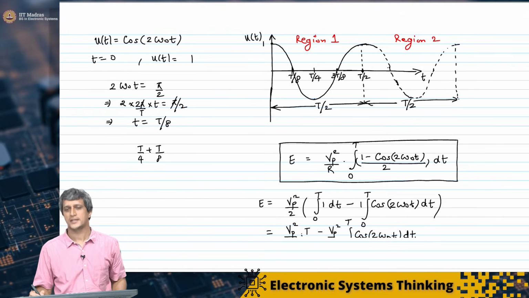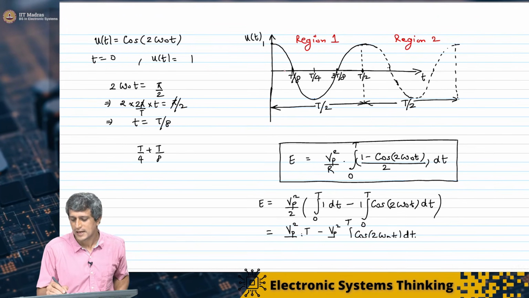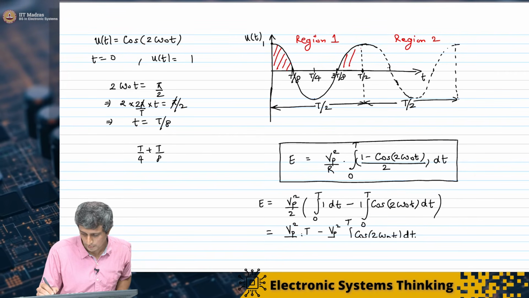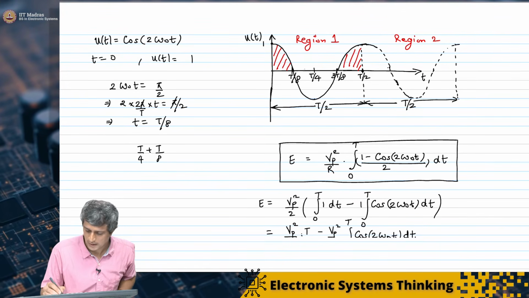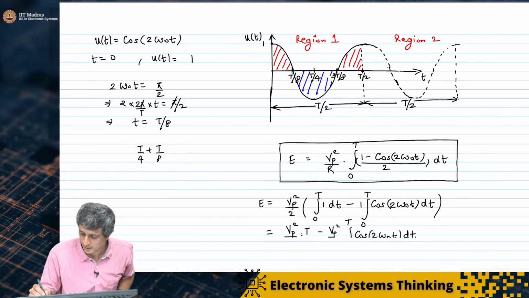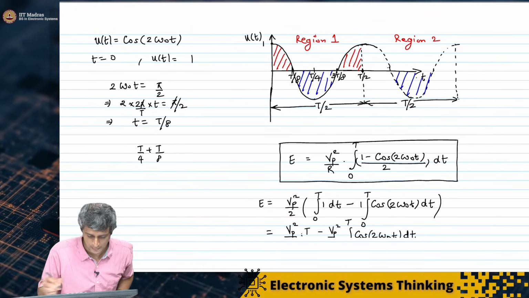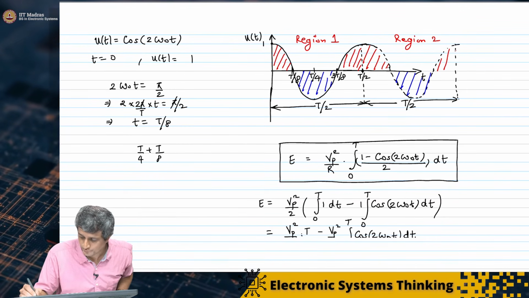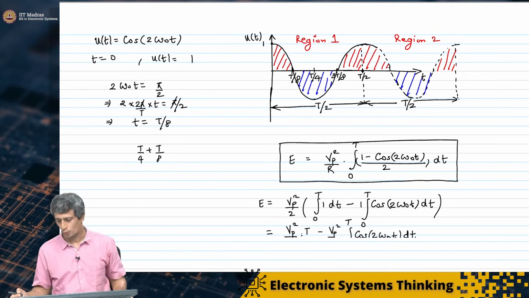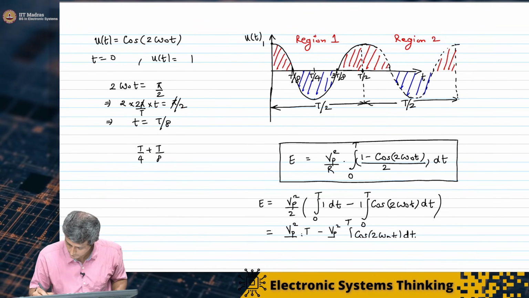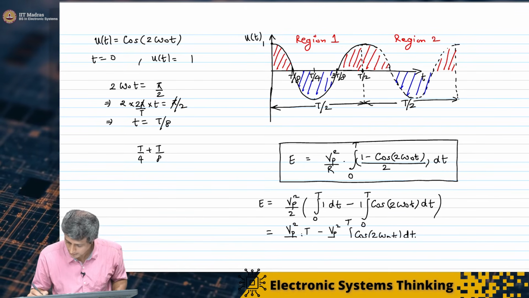Now in both cases, there is a positive term here, these are my positive terms, and there is an equal and opposite negative term in this particular region. So if you look at this integral, it has to be 0. So this integral will simply vanish and become 0.